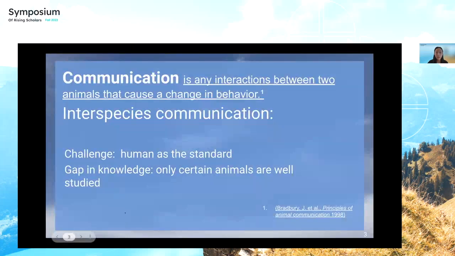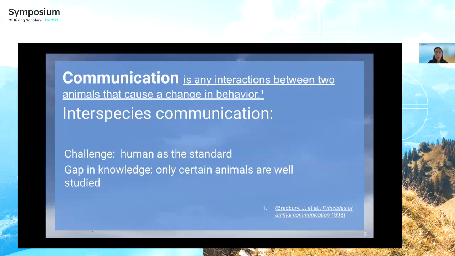Communication is any interaction between two species that causes a change in behavior. Interspecies communication is any communication between two animals of different species. The challenge in this field is that humans are historically used as the standard, meaning the most intelligent animal with the most sophisticated communication or language.